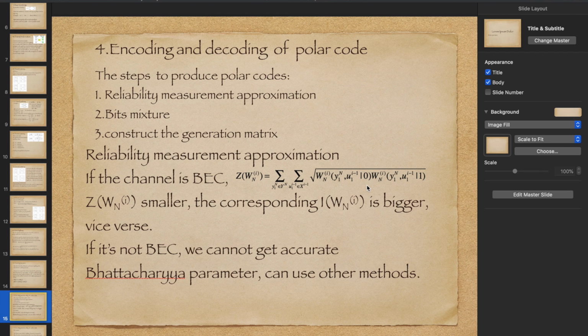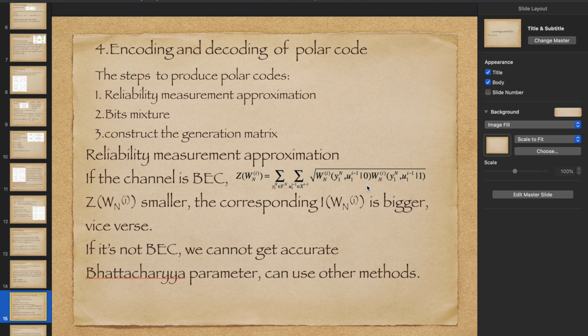If it's not a binary erasure channel, we can not get accurate Bhattacharyya parameters, but we can use other methods. Dr. Arikan gave a method named Monte Carlo, but its complexity is exponential, so it's not useful.